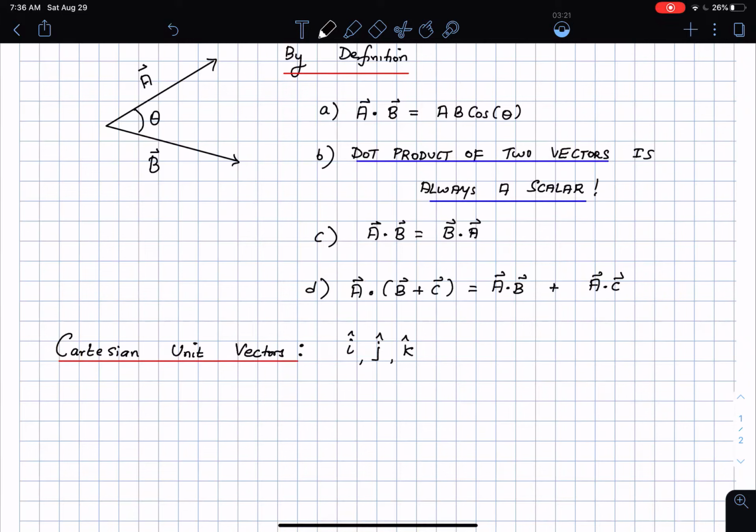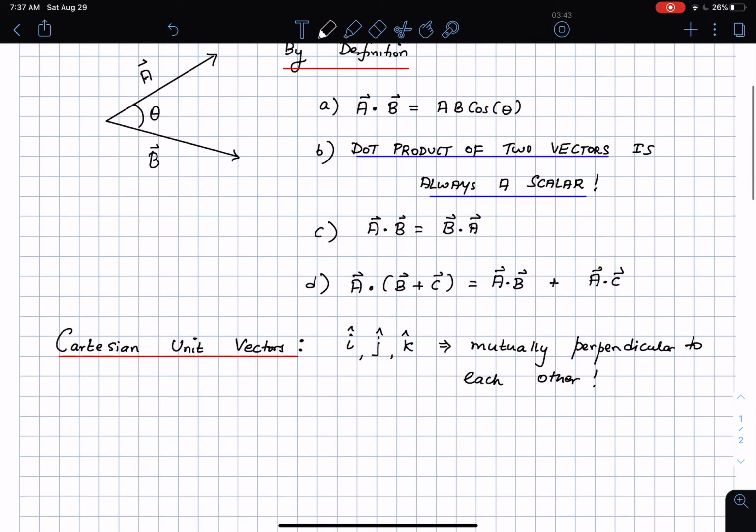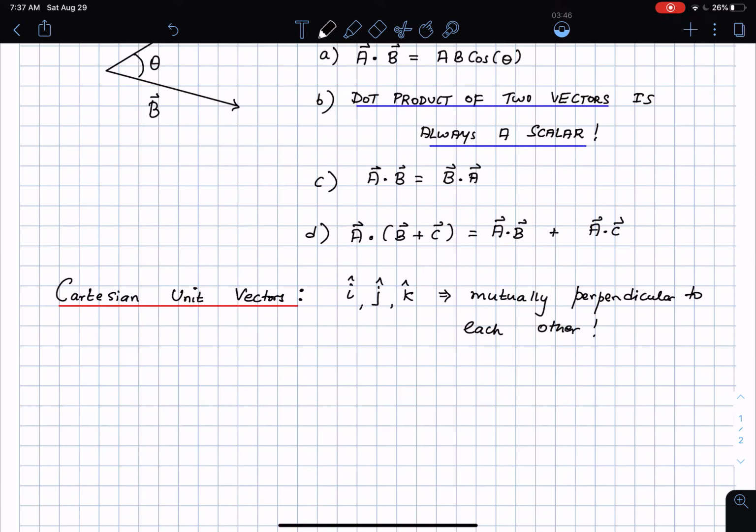I'm just putting the hat on them for this particular talk because I need the hat. I'm talking with my hat on. These are mutually perpendicular to each other.